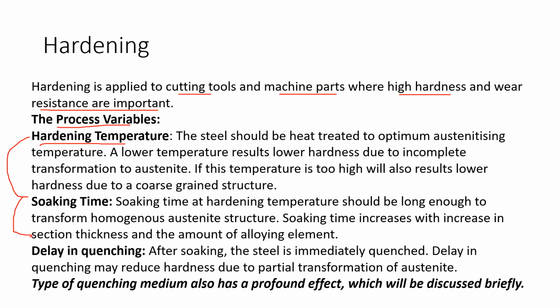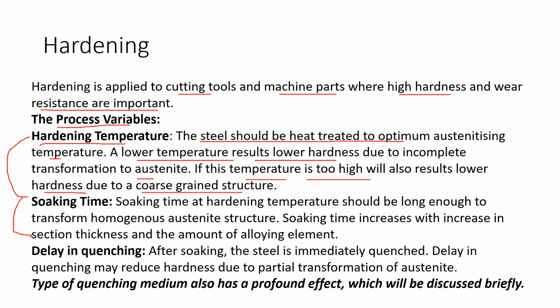The hardening temperature: the steel should be heat treated to the optimum austenitizing temperature. A lower temperature results in lower hardness due to incomplete transformation of austenite. If the temperature is too high, it will also result in lower hardness due to a coarse grain structure.